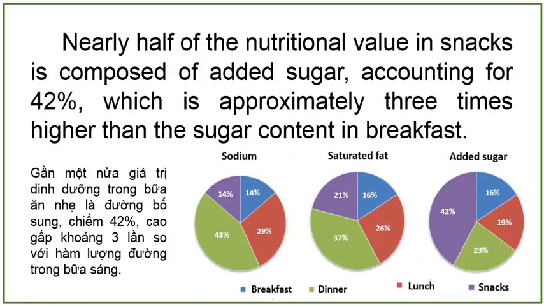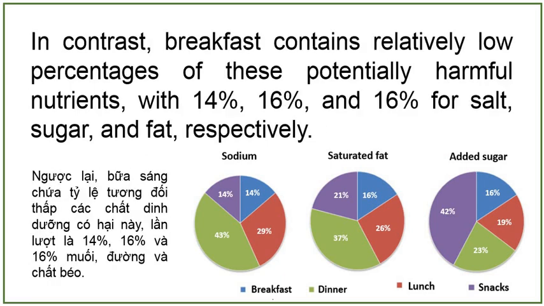Nearly half of the nutritional value in snacks is composed of added sugar, accounting for 42%, which is approximately 3 times higher than the sugar content in breakfast. In contrast, breakfast contains relatively low percentages of these potentially harmful nutrients, with 40%, 60%, and 16% for salt, sugar, and fat, respectively.